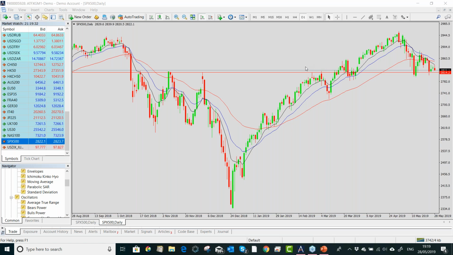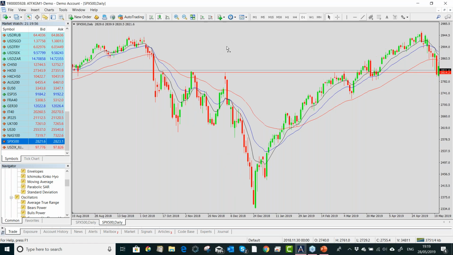I'm going to get a little bit more into that because what we're talking about really is the difference between trend trading and counter trend trading and why I prefer one over the other. So while I'm on this chart, I'm going to use this as an example.